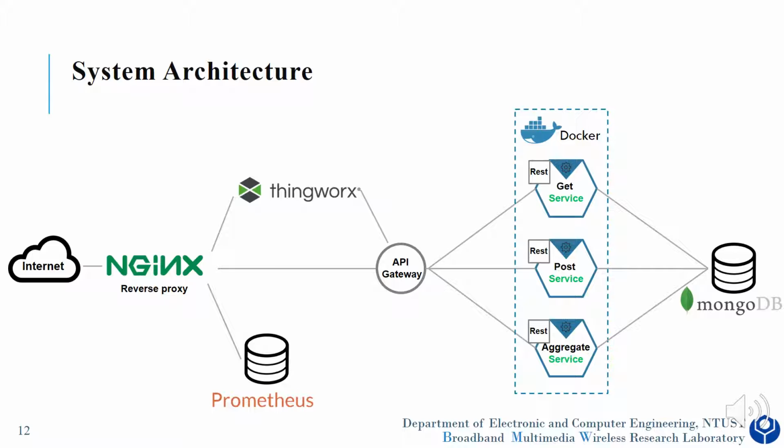Prometheus here lies as a temporary database to collect all the metrics data related to the server. This is a special case for our optimization, to know that our optimization gives a positive impact. ThingWorx itself is our endpoint application, and the API gateway is the router for all of the services that we deploy using Docker.